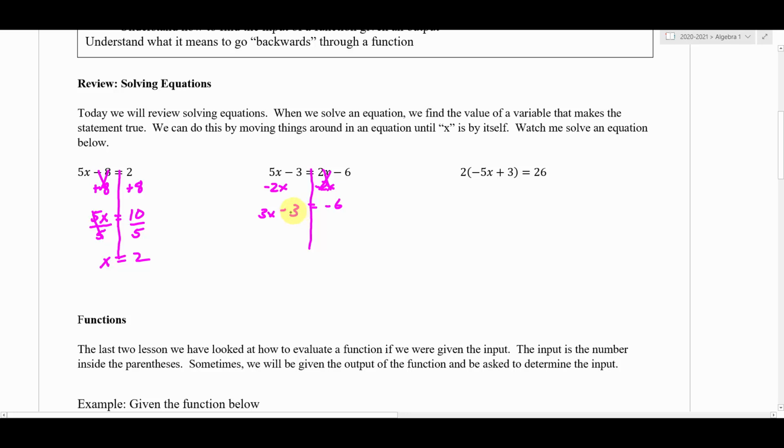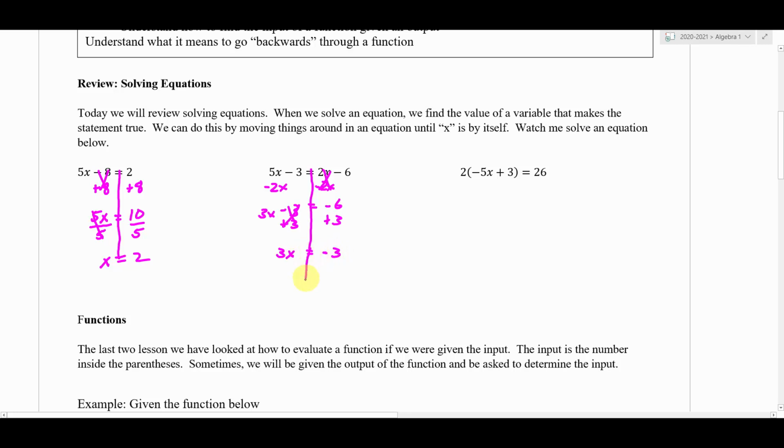Okay, so now what I'm going to do is move this negative 3 over to the right hand side. Right, I'm going to start moving stuff away from the x that I'm trying to solve for. So I'm going to add 3. Right, 3's cancel, and we get 3x equals, well, negative 6 plus 3 is negative 3.